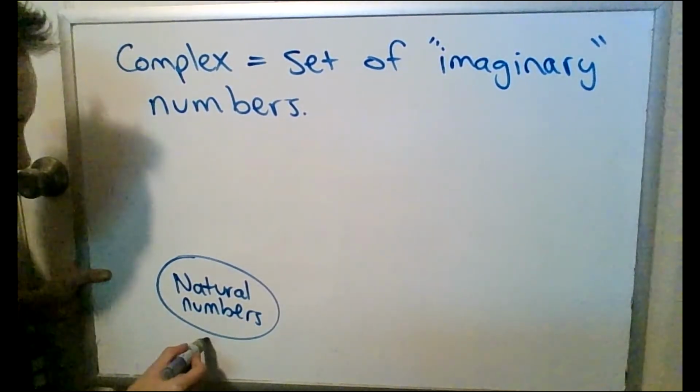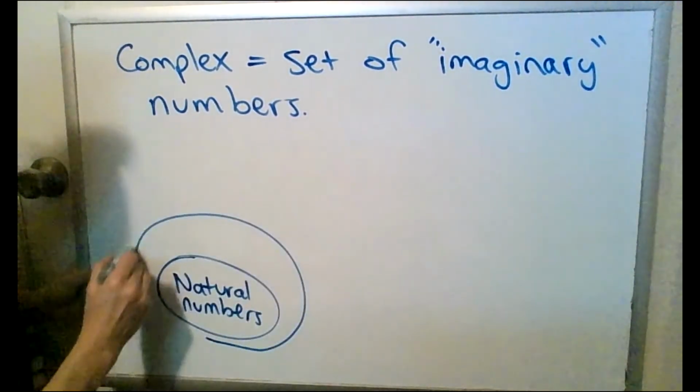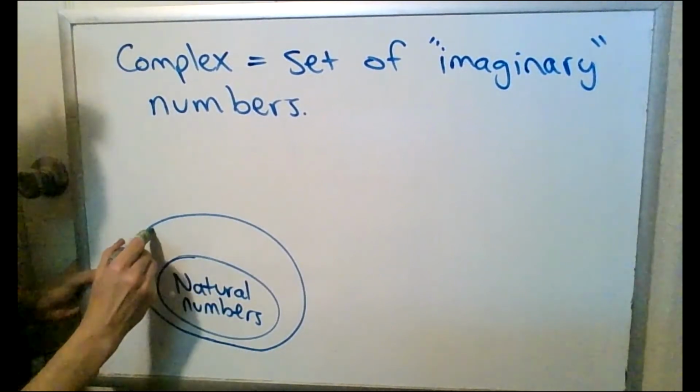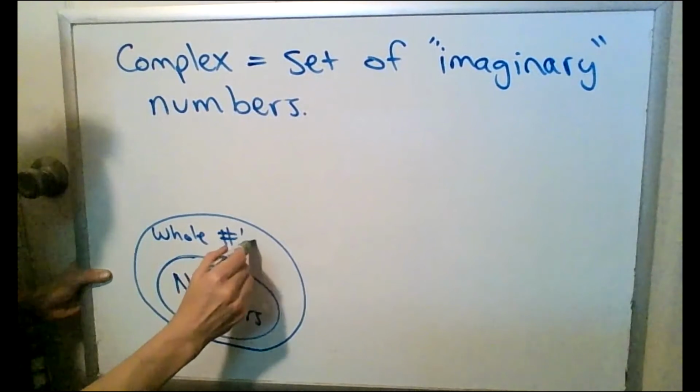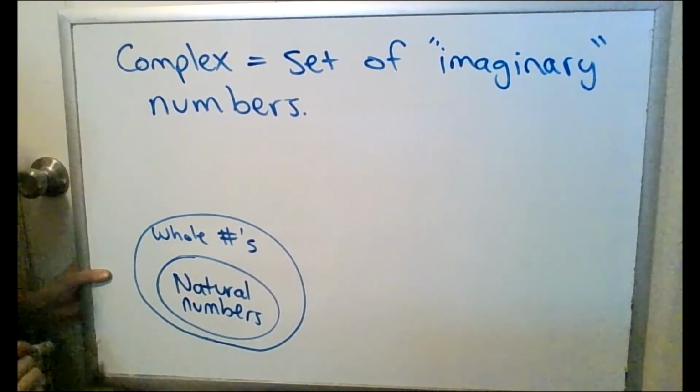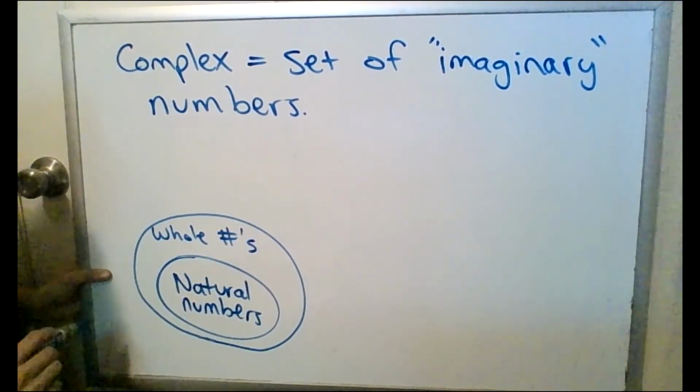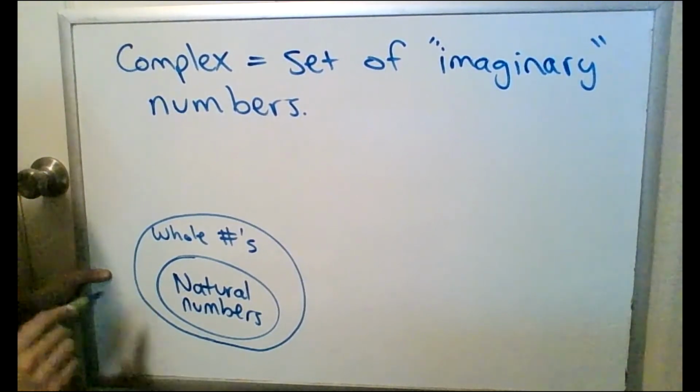And then we put 0 in there, which got us to the whole numbers, just a little bit bigger set. And then we had the negatives and the positives of whole numbers.